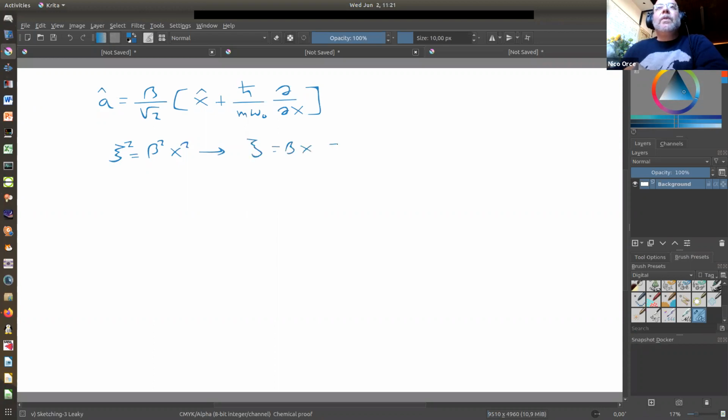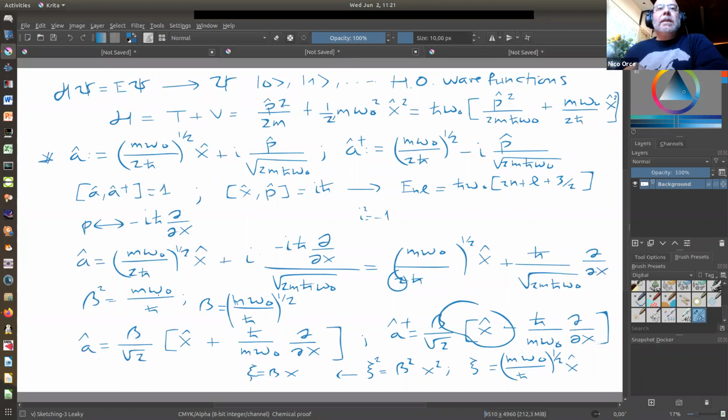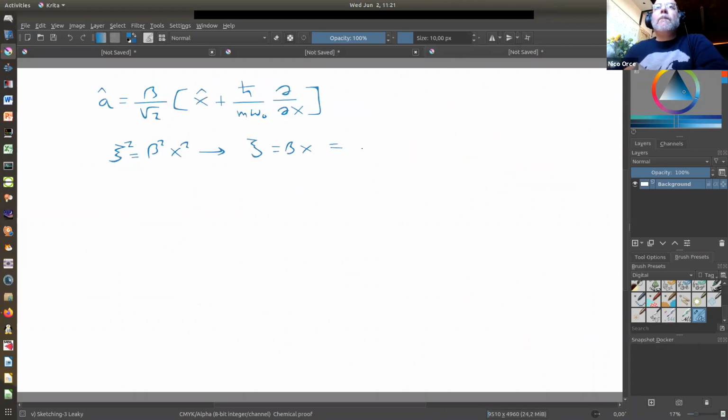We could just say that beta is (m omega naught over h bar) to the 1/2, times x. So now, as I said before, it's interesting to see that this psi is beta x, which is basically this here.